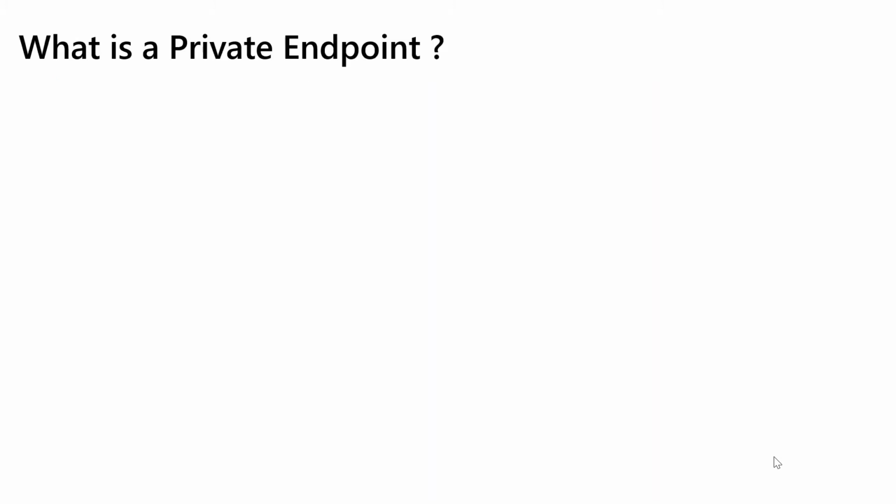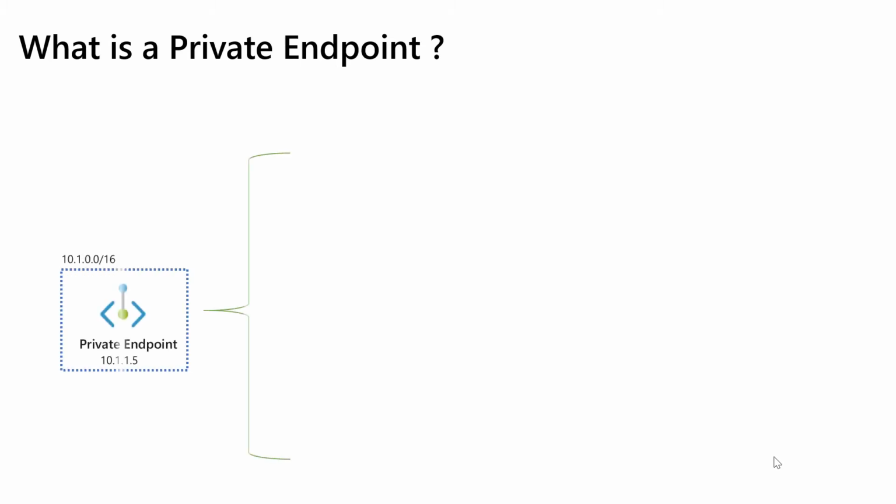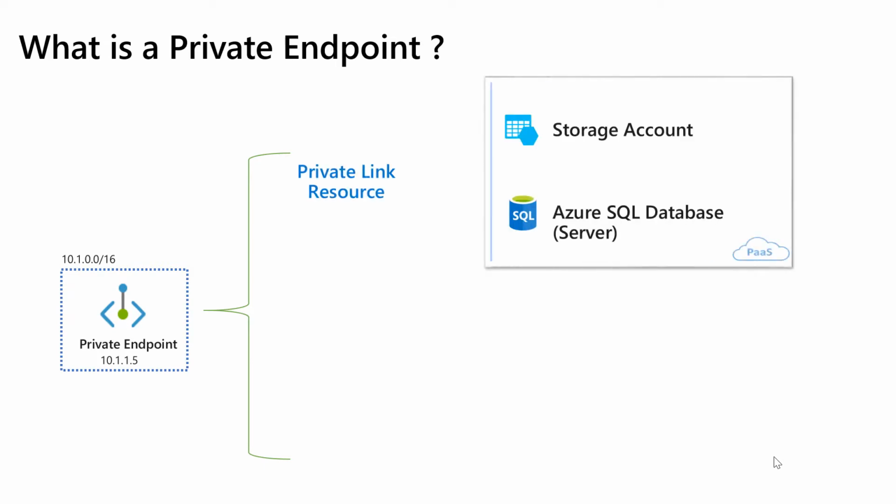So let's delve deeper into what a private endpoint is and how it works. You can think of a private endpoint as a wrapper around 3 things. Number 1 is the private link resource, which is the PaaS service that you're connecting to. It could be SQL DB, storage, or any other Azure service.